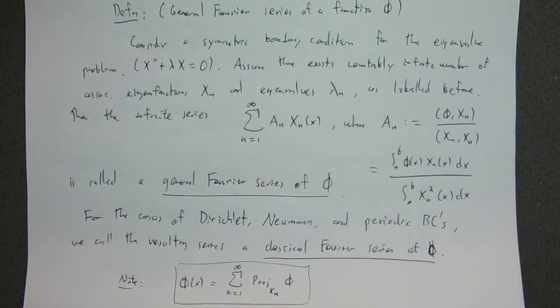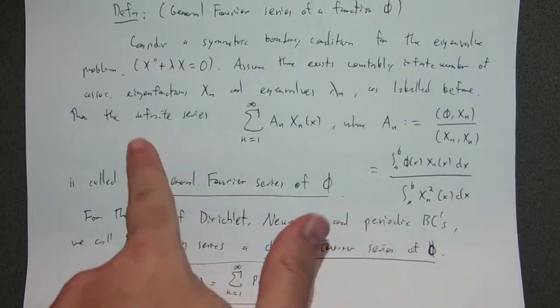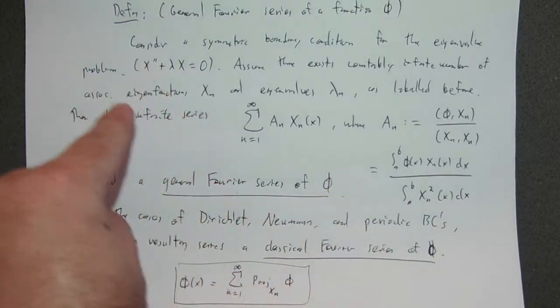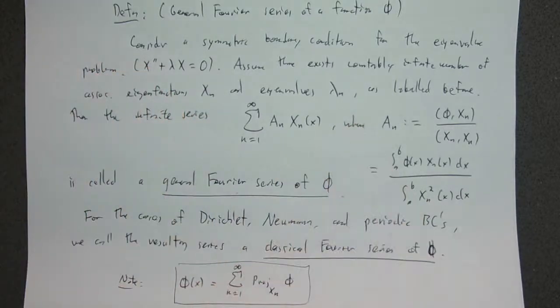That's the first thing. The other thing is that saying there's exactly one eigenfunction associated to a particular eigenvalue is not technically right. Sometimes, for instance, in the case of periodic boundary conditions, it will work out that there will be two linearly independent mutually orthogonal eigenfunctions corresponding to any non-zero eigenvalue.